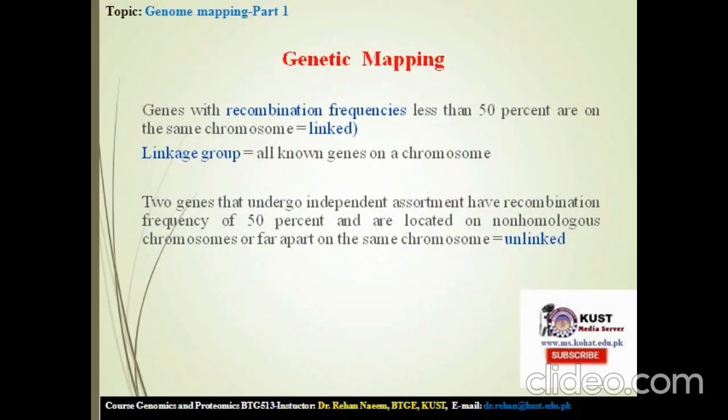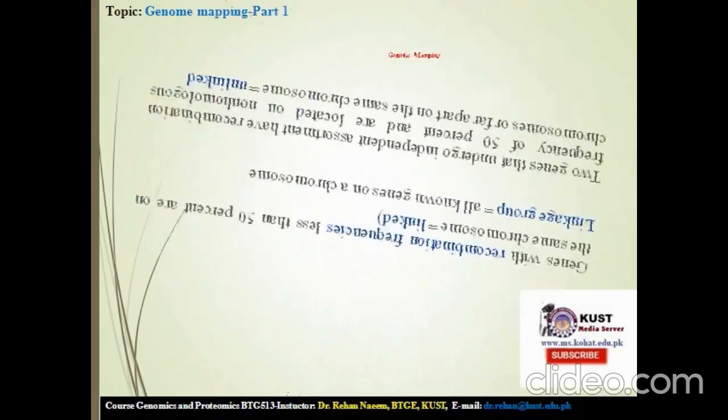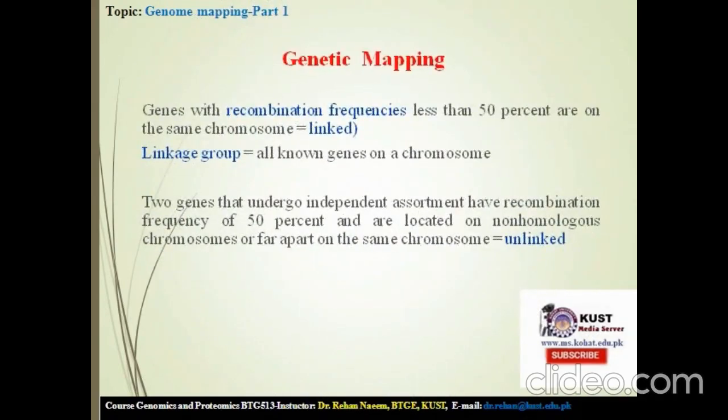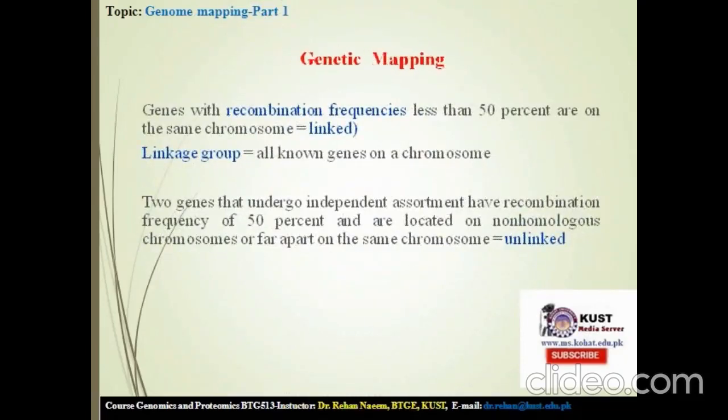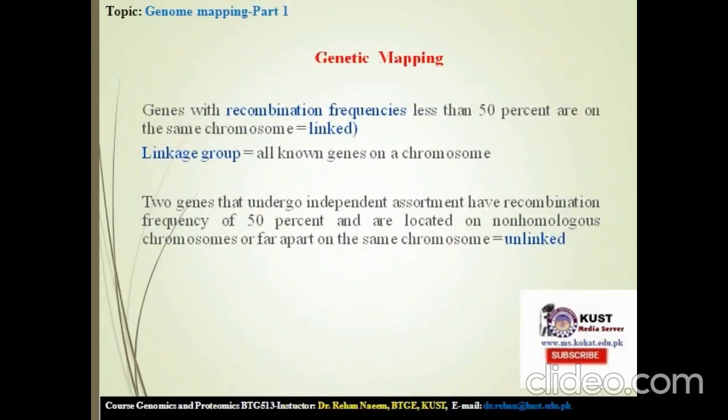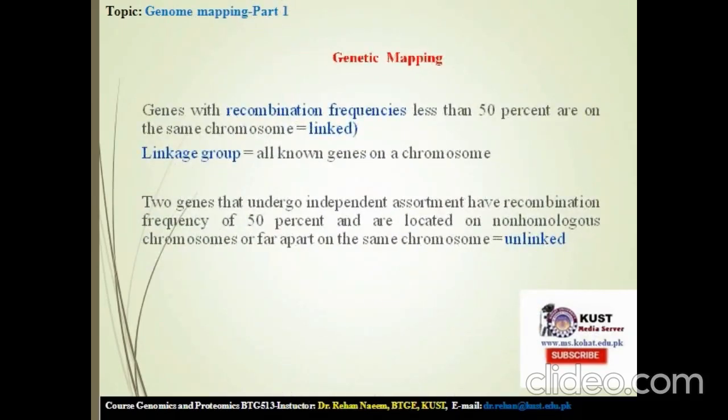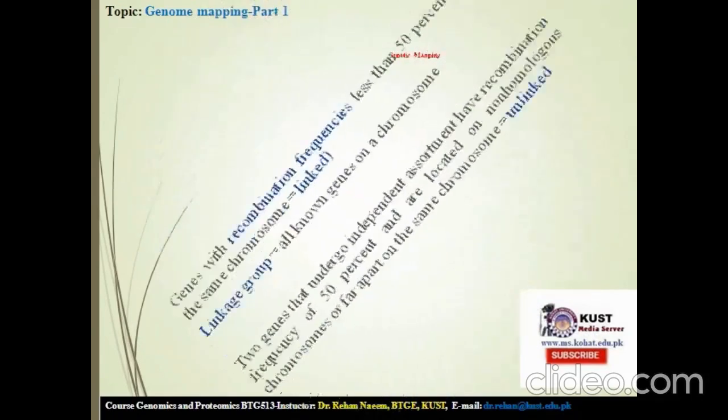You know, the law of independent assortment explains that if the genes are unlinked, they sort independently, which means one gene has no effect on the other, while linked genes do not follow the law of independent assortment.